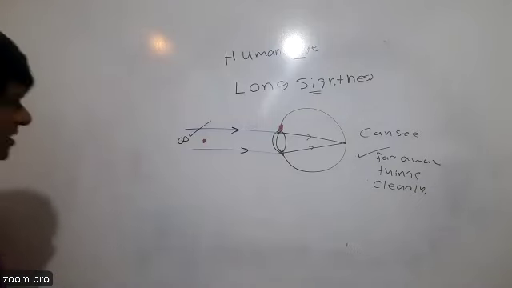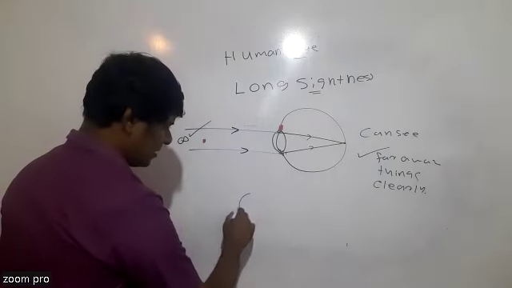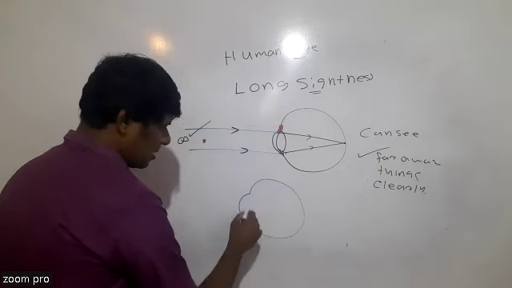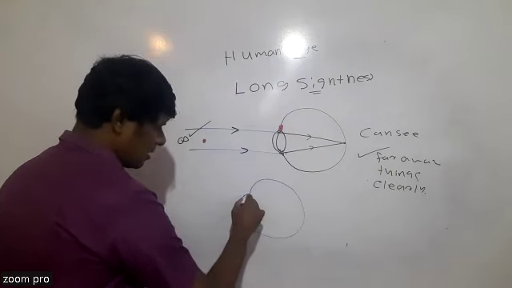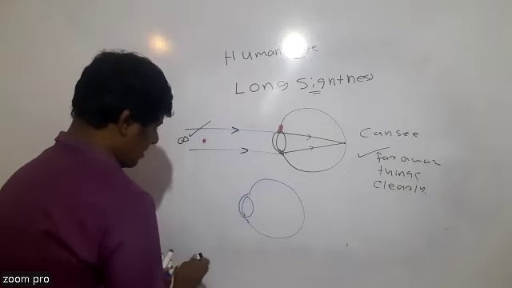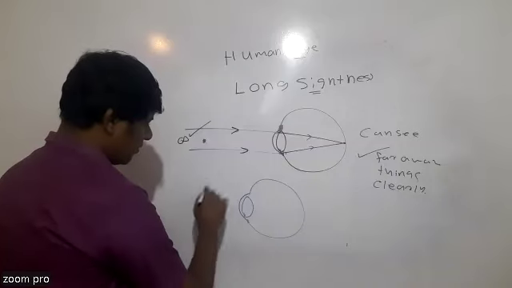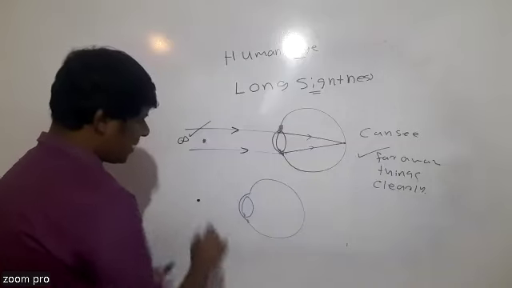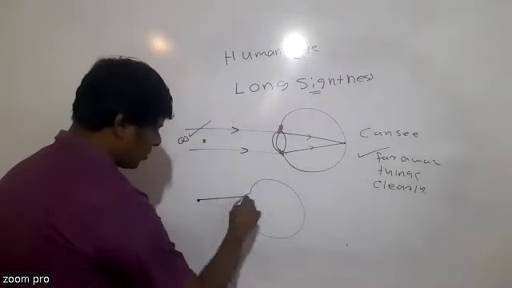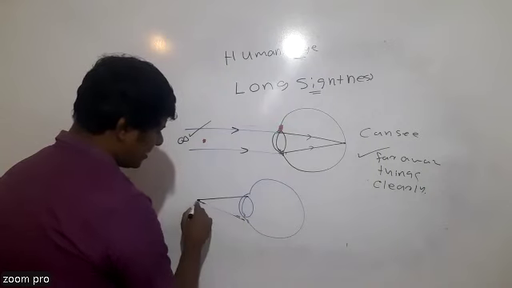But the problem is when you see something closer. Light rays coming from a close by object have more tendency to reach the eye at a bigger angle like this.